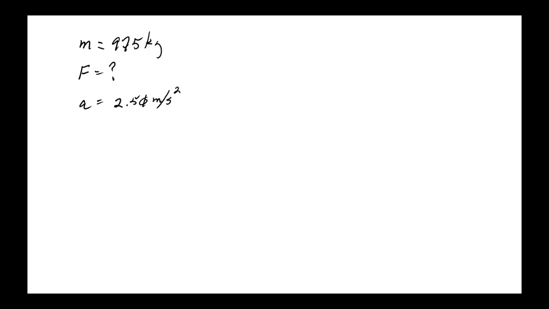How would we approach it? What is force in terms of mass and acceleration? It's mass times acceleration. So what we do is take the mass, 975 kilograms, and multiply it by 2.50, the acceleration, meters per second squared.